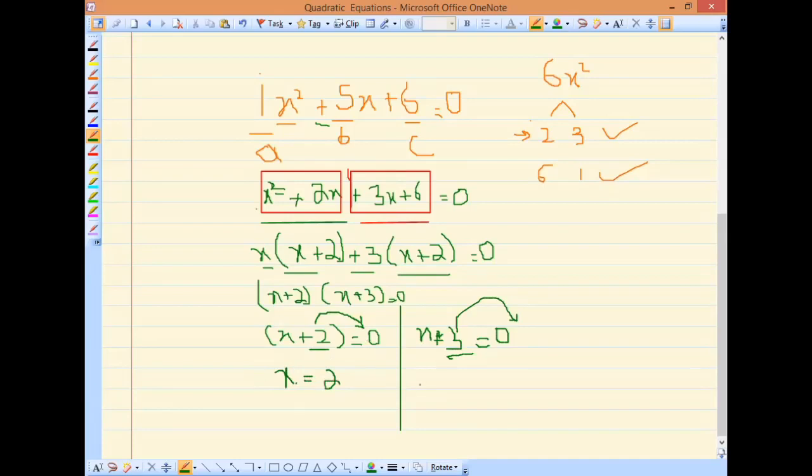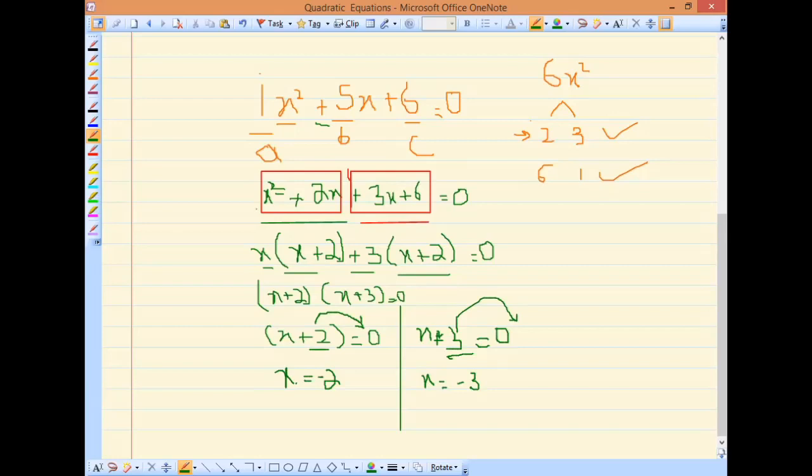So here it's 0. So 0 minus 2 is equals to minus 2, and here plus 3 would be turned into minus 3. And as you know, 0 minus 3 will be minus 3. And here I just made a mistake. I didn't mention the minus sign.